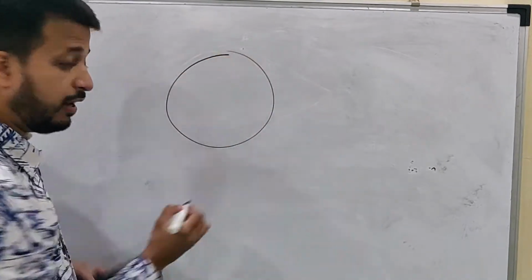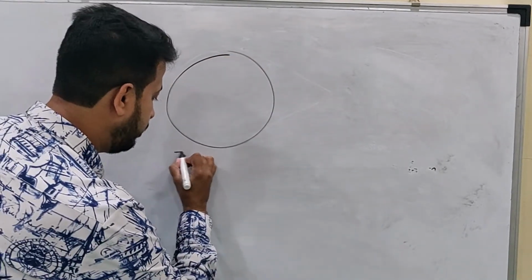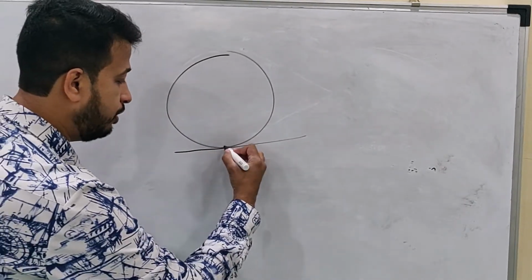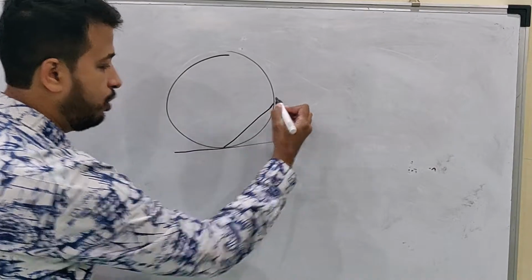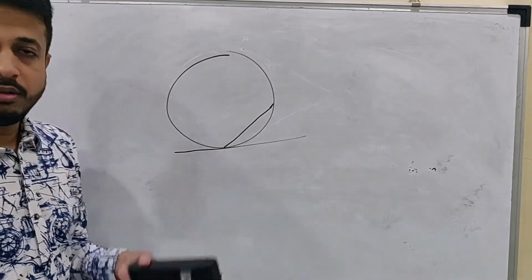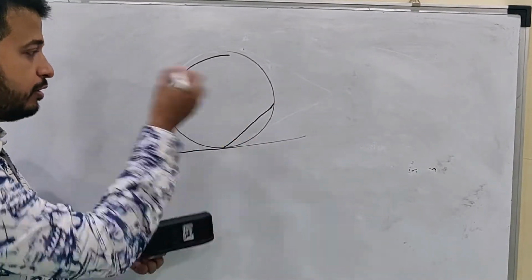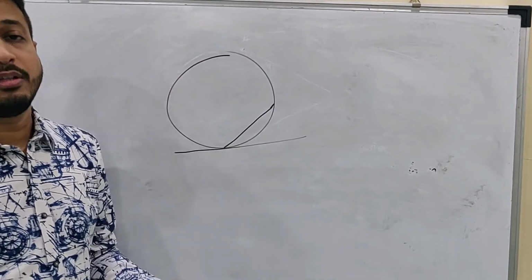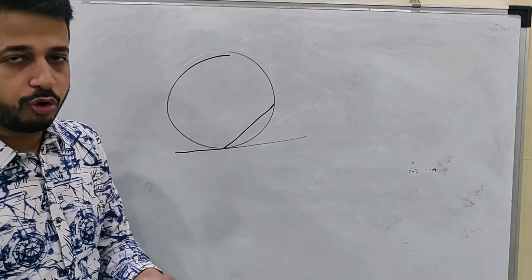Now, the next property. Suppose there's a tangent and a chord. A chord is a line which touches the circle at any two points. Even a diameter can be called a chord, but the diameter is my largest chord, correct?